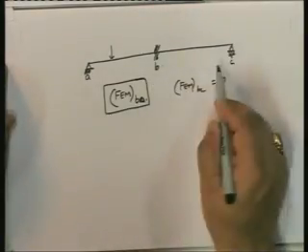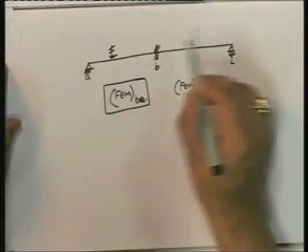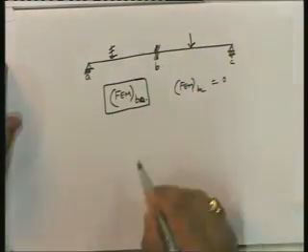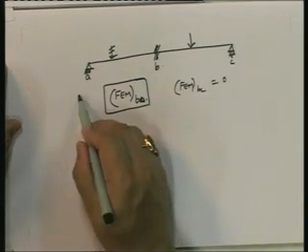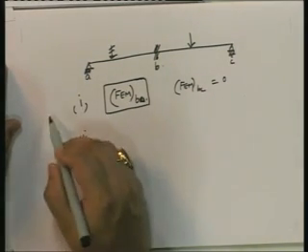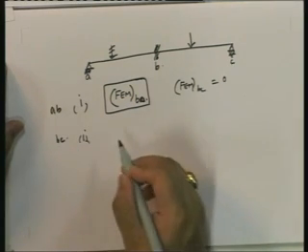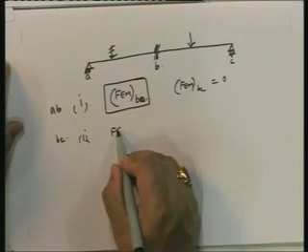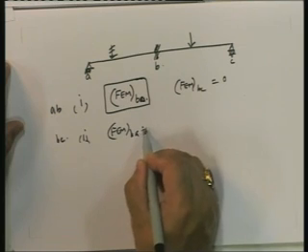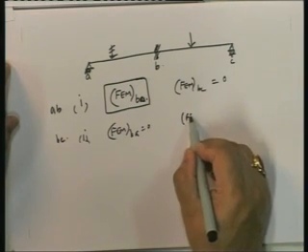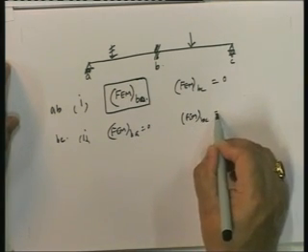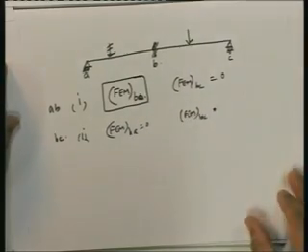Now suppose it's between B and C now. It's not here, it's here. Now what happens? In the second case, the load is between B and C, then fixed end moment at BA is equal to 0 and fixed end moment at BC is what you calculate.